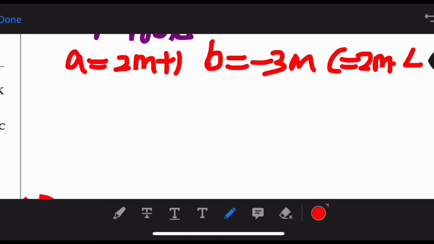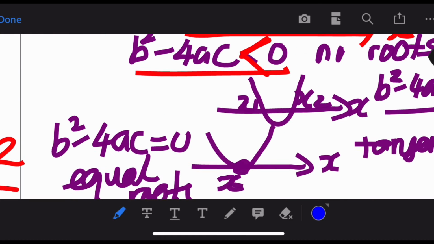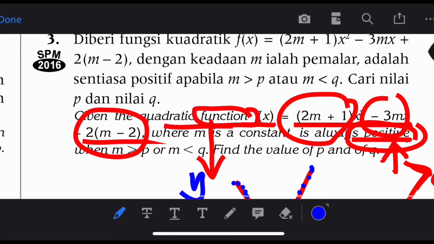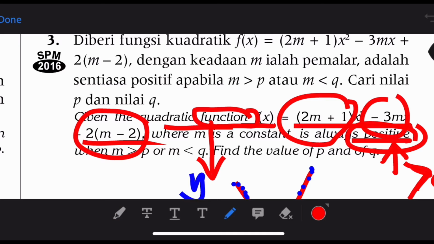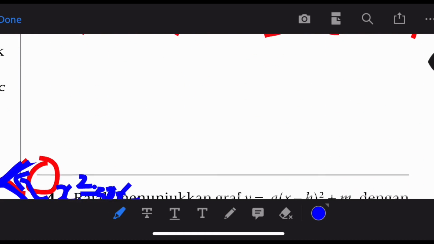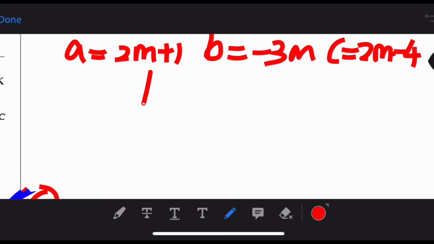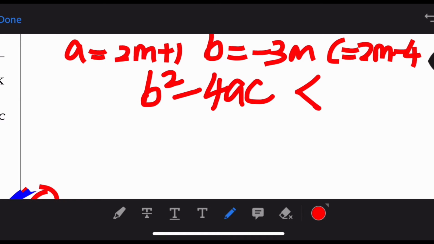So you need to practice now, especially the Form 4 students, because you are new. If you seldom practice, you will get a lot of mistakes, you know. Okay, I copy down my a, b, c. Then I'm going to use the concept just now. Function always positive means b² − 4ac < 0, right?